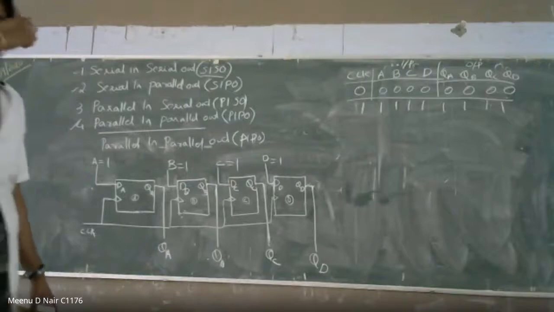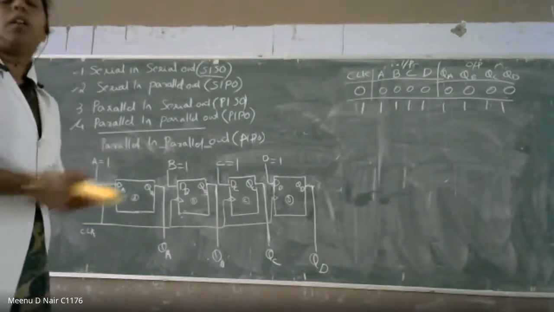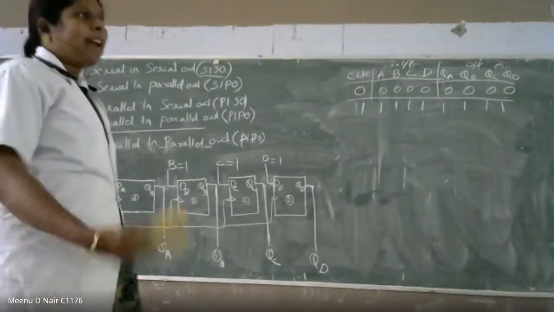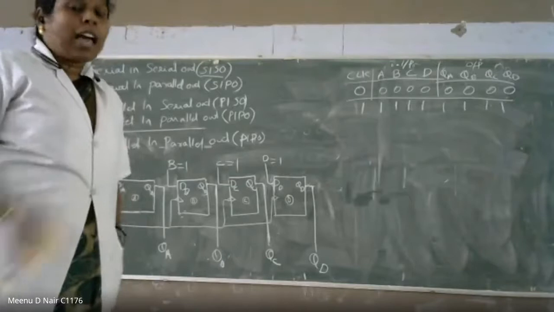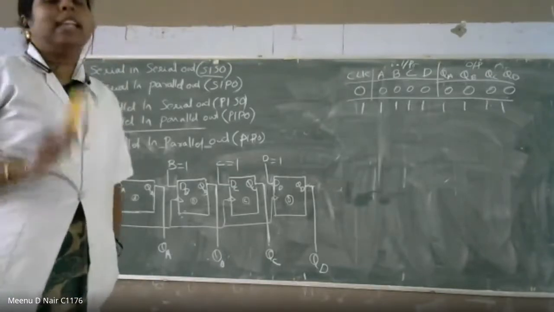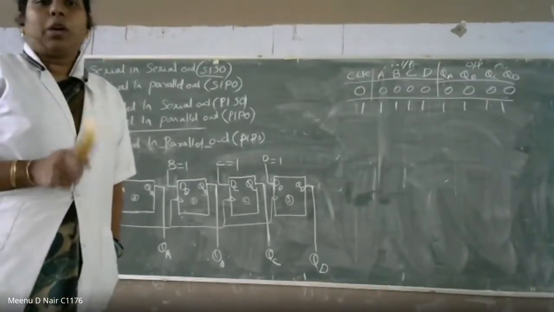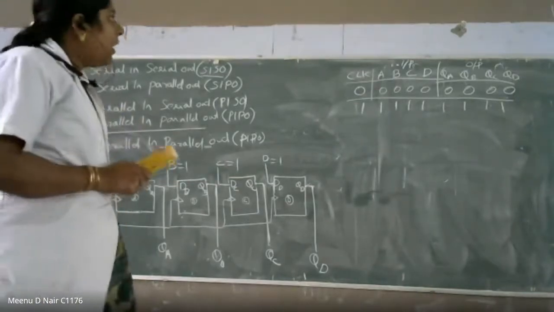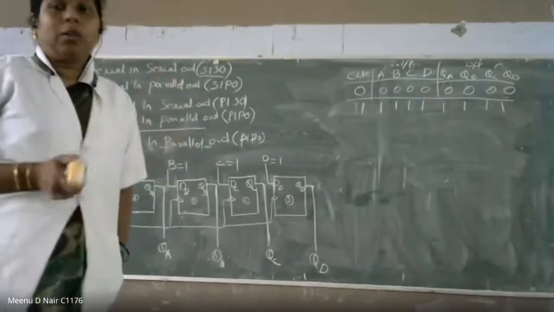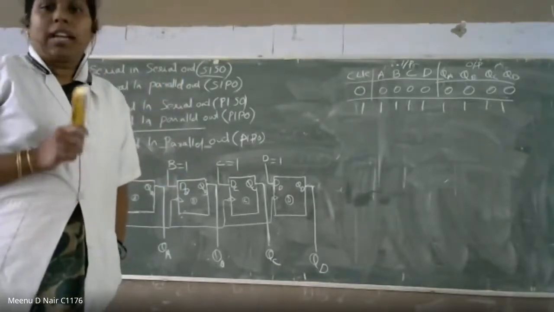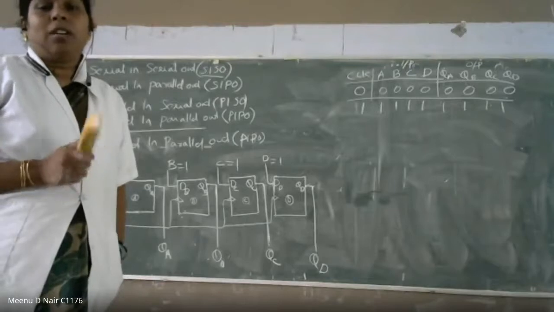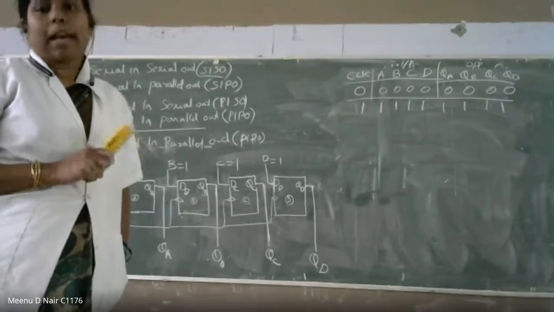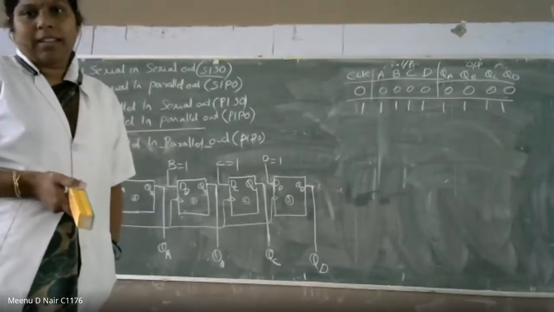But in the case of serial, you require more clock pulses to produce the output. In serial in, serial out, exactly 7 clock pulses are required, right? But in parallel in, parallel out, how many clock pulses are required? Only 1 clock pulse. So 1/7 of the time is required for sending data in parallel.